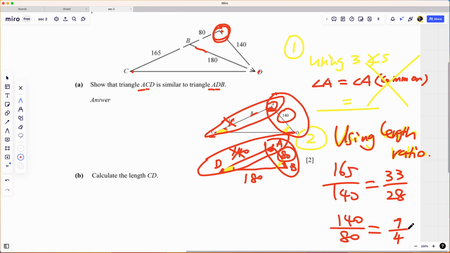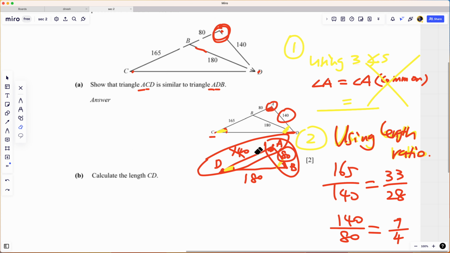Or did I make a mistake? I think so. What is AC? AC is here, right? Actually, AC is 80 plus 165. Just now I erased the 80 here. So in fact, it's not 165 over 140. It should be 165 plus 80.